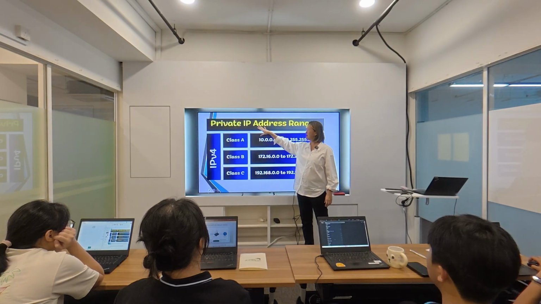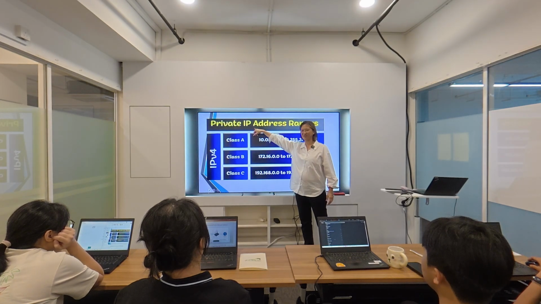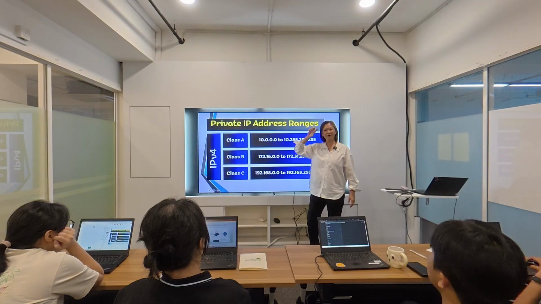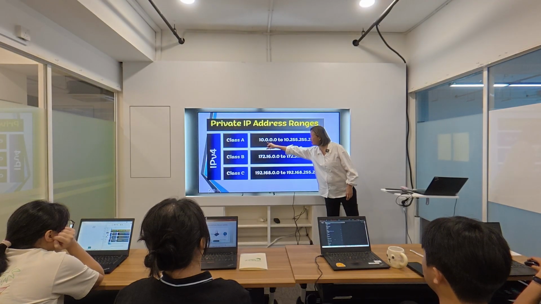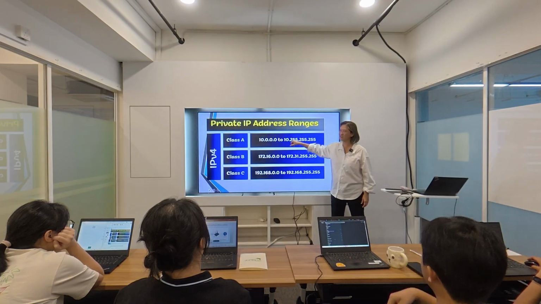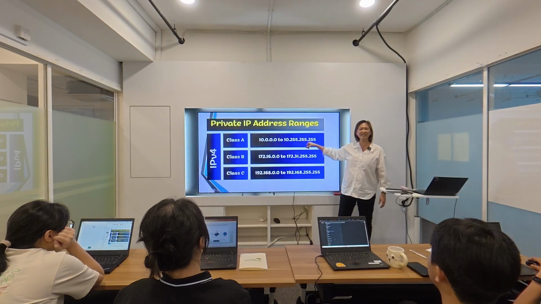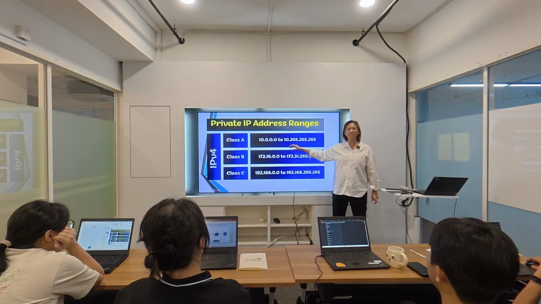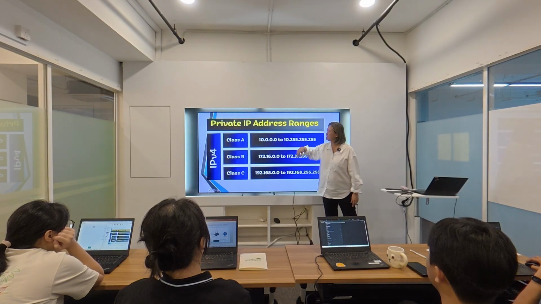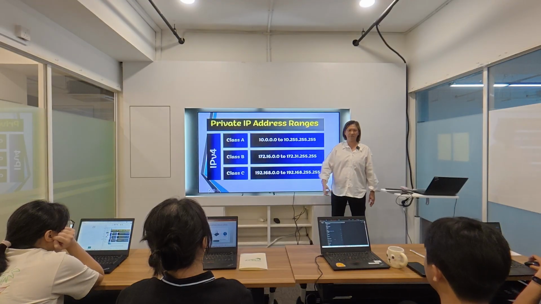But you cannot use that as a private IP address. So the private IP address for class A can only be used within this range. You can only use this range. So even if you use something like 12.11, you're not allowed to use it. Okay? So anything out of this range would be a public IP.